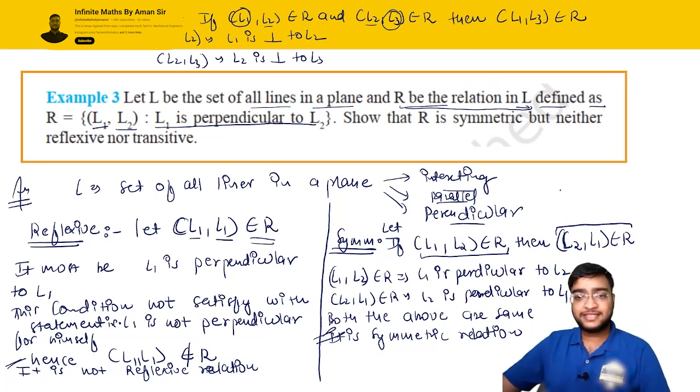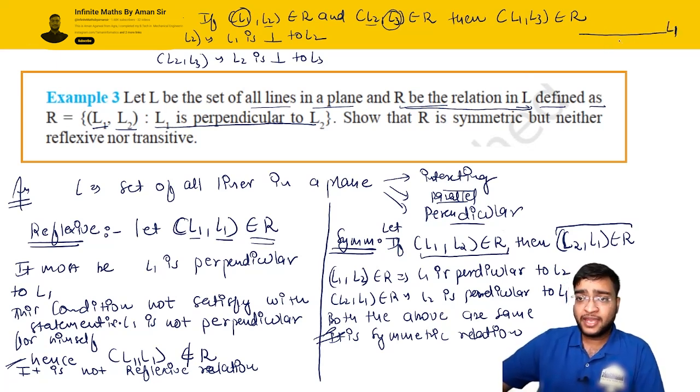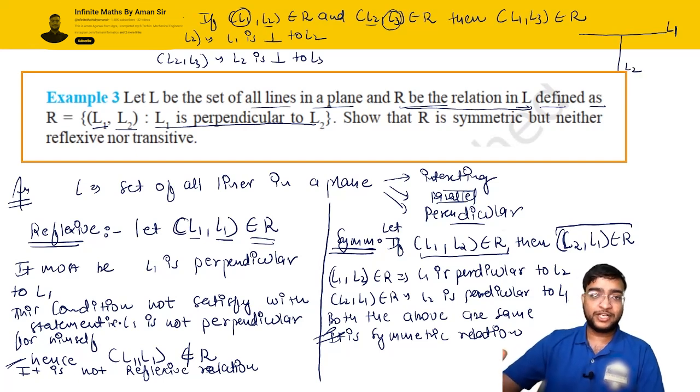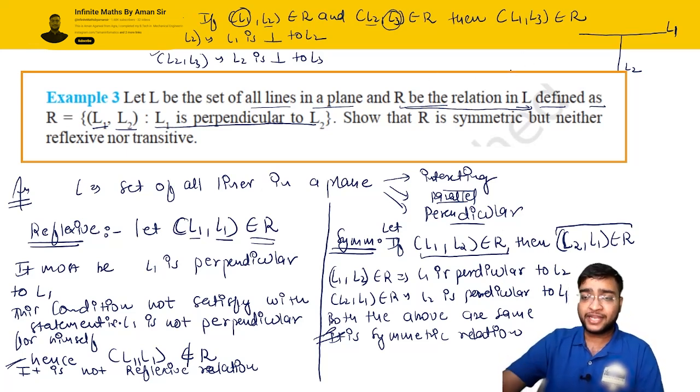This is my L1 line, and L1 is perpendicular to L2, so here is my L2 line. For the second condition, L2 is perpendicular to L3, so this is my L3 line, which is also perpendicular to L2.